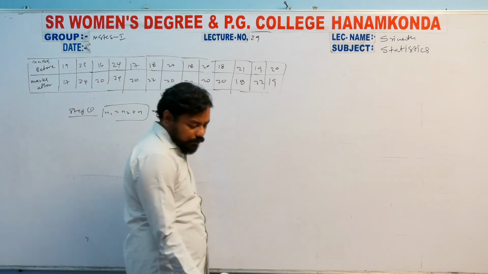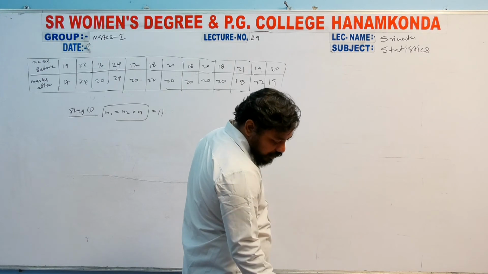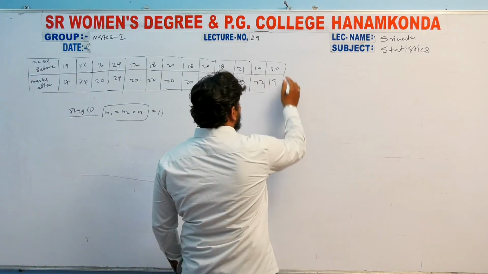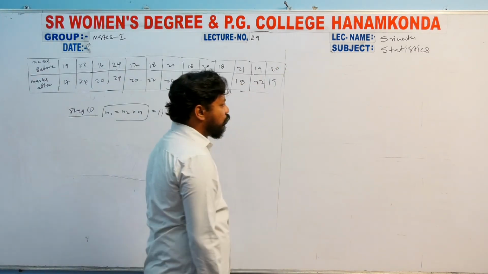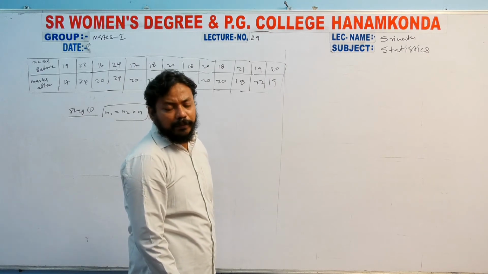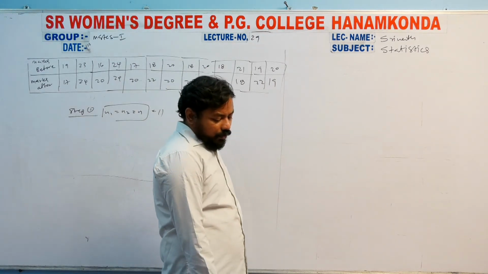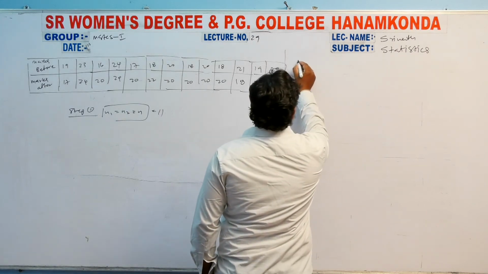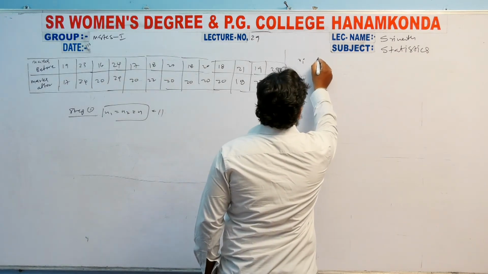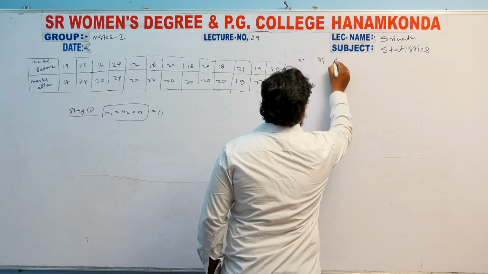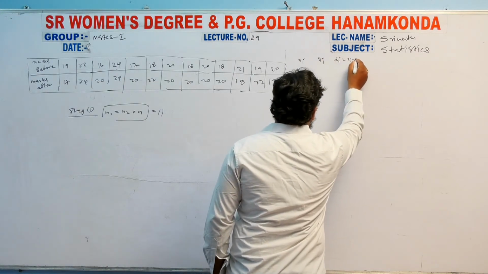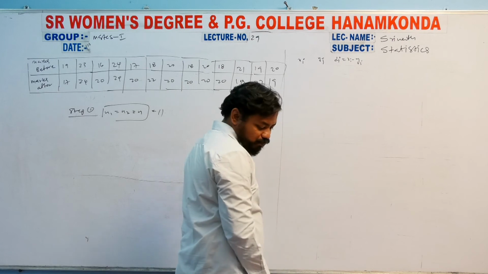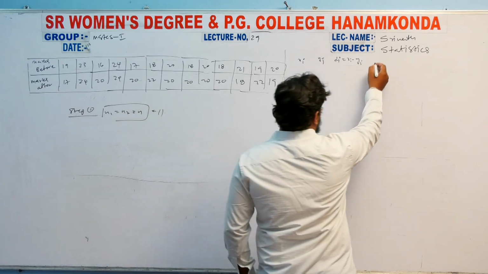And also you must use to find out the problem table construction. Table construction we are using xi and yi and di is equal to xi minus yi and also di square.